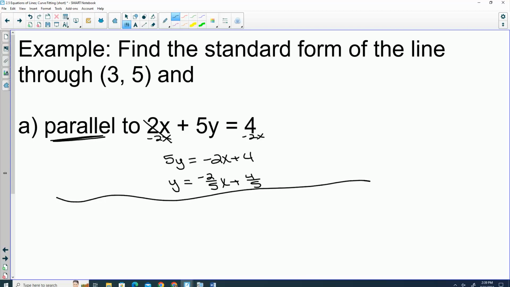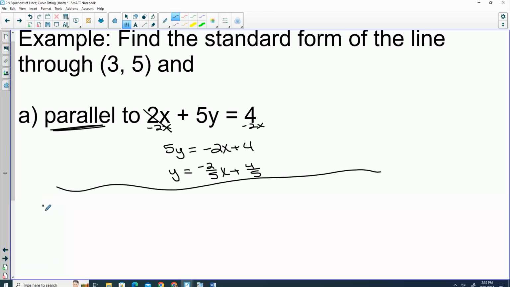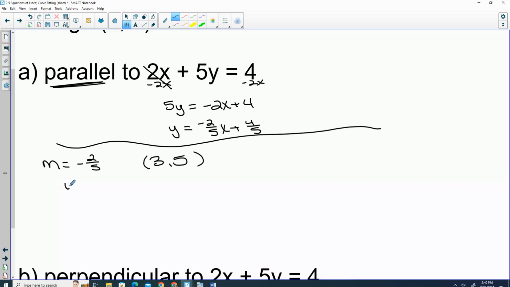All I need that line for is to know what my slope should be. So parallel tells me the same. Slope of this line is -2/5. And then I told you it goes through the point (3, 5). So then we can put it into our equation: y minus y1 equals m, -2/5 times x minus 3.